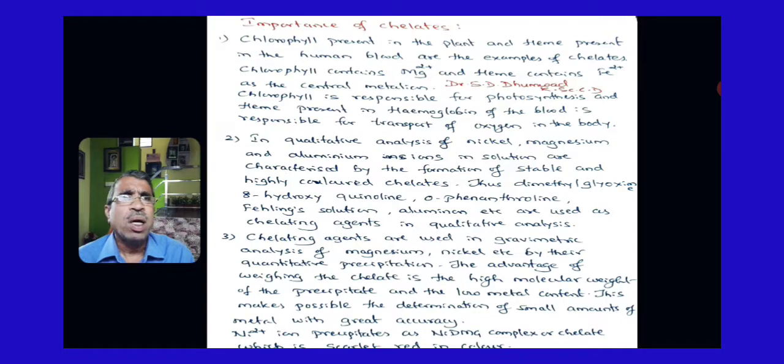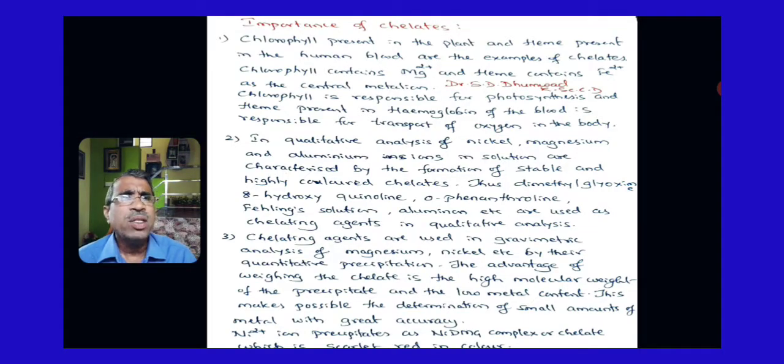Chlorophyll contains the Mg2+ ion and heme contains the Fe2+ ion as the central metal ion in the chelate. Chlorophyll is responsible for photosynthesis, and heme present in the hemoglobin of the blood is responsible for the transport of oxygen in the human body.